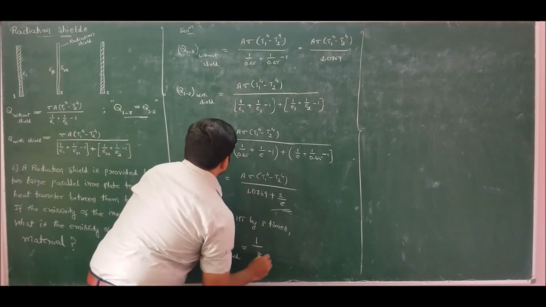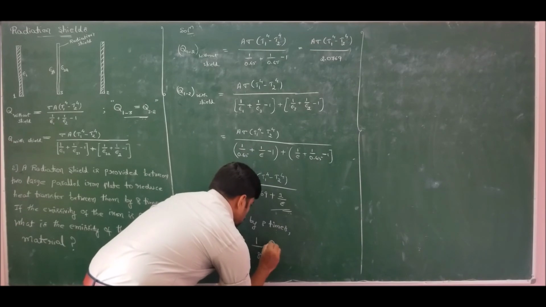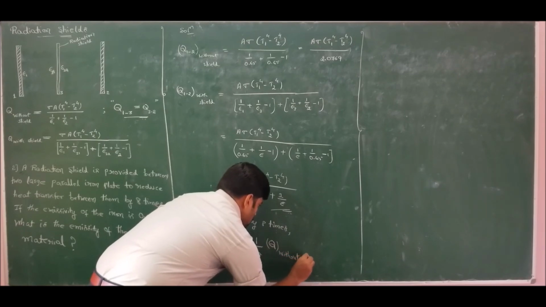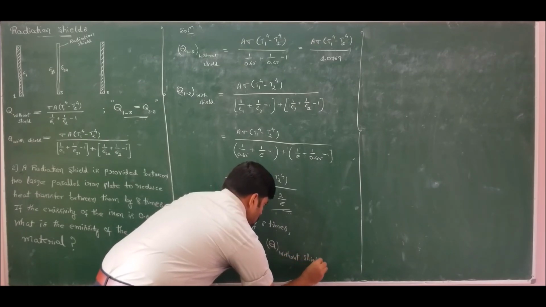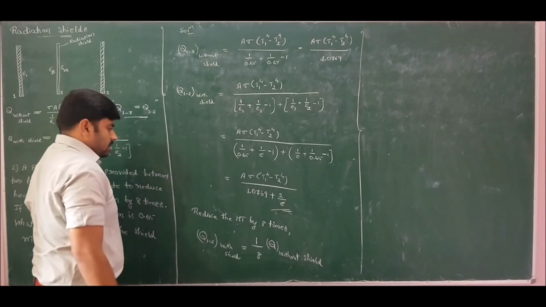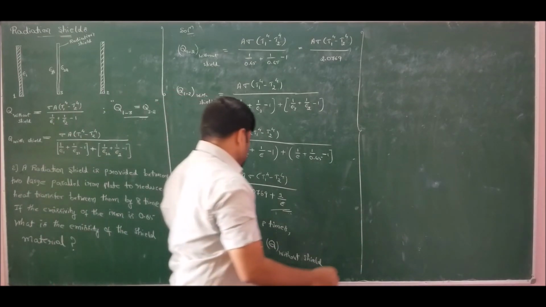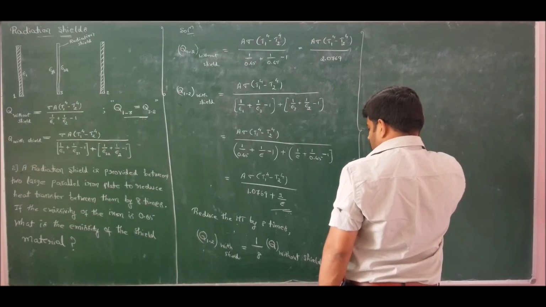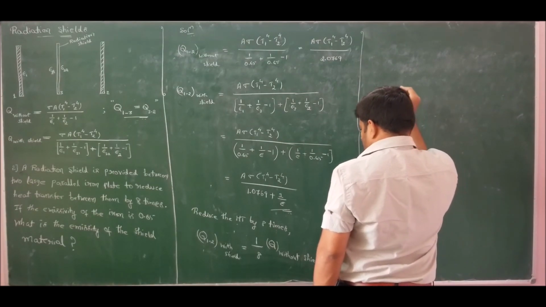So therefore it is 1 by 8 times Q without shield.